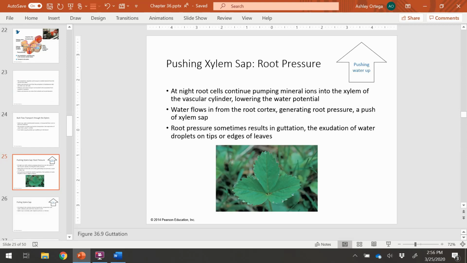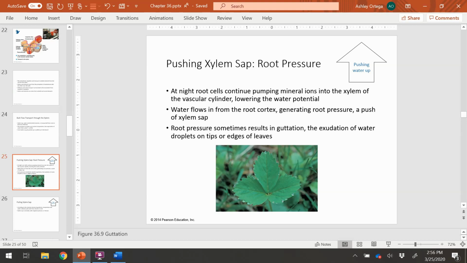And so in some cases, root pressure does cause water to be pushed up. And so that is called guttation, where water droplets come out on the edges or tips of the leaves due to the overwhelming presence of water in the roots. But we'll focus here on the pulling up aspect.